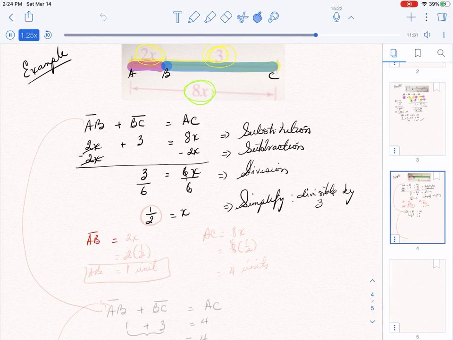The segment AB equals 2x. Since I know what x is, I substitute 2 times 1/2, which is 1 unit. Then I have length AC equals 8x. 8 times a half is 4. That should give me 4 units.